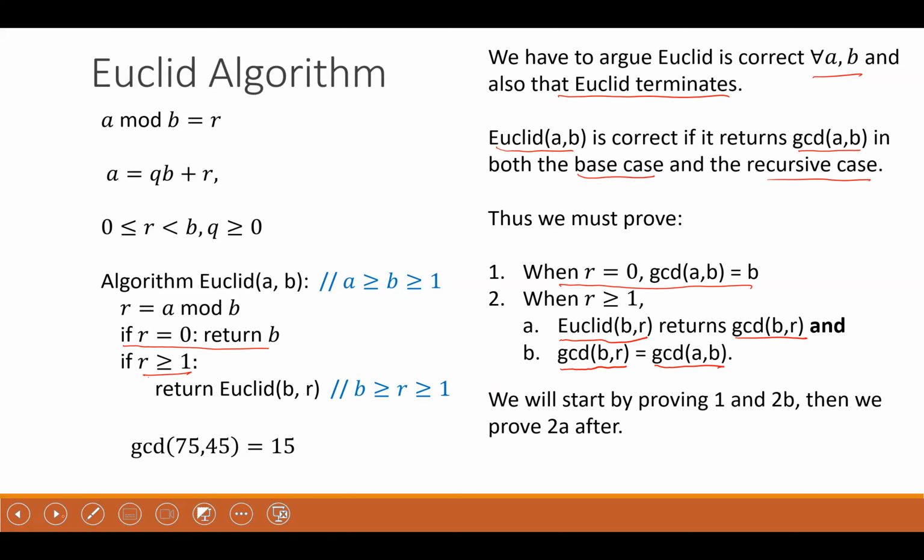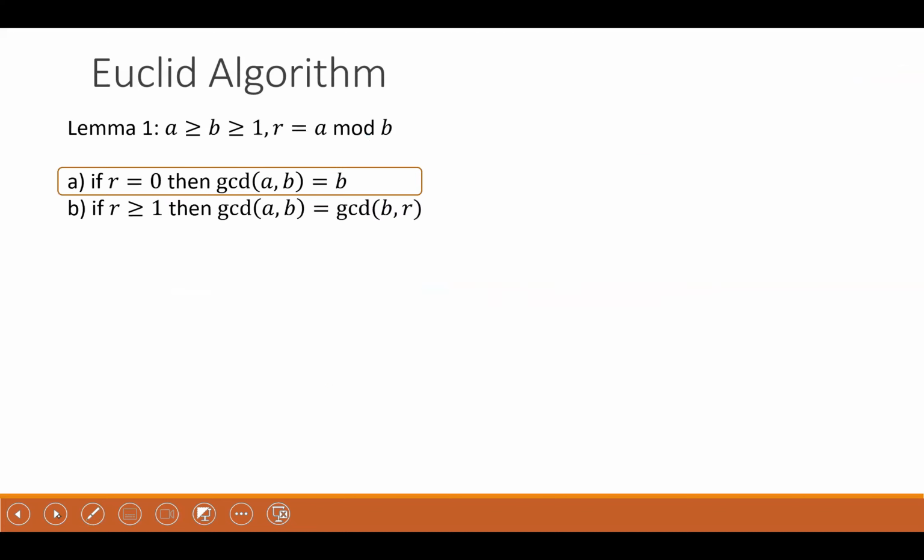Okay. So we're going to start off by proving just 2a and 1. All right, and then later we will prove this by induction. So first we'll start with the math part. The math part is that if the remainder is 0, then the greatest common divisor of A and B is equal to B. That means that B divides A evenly.